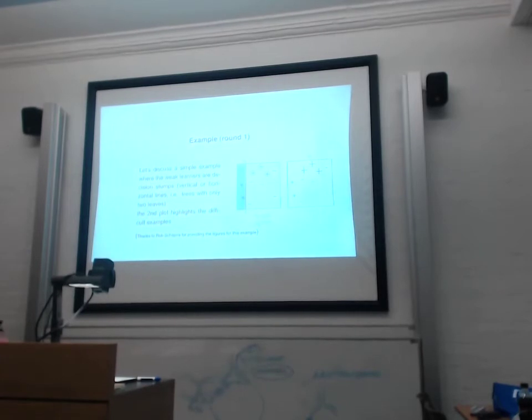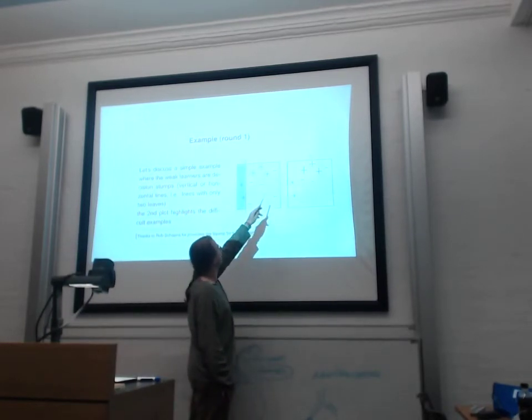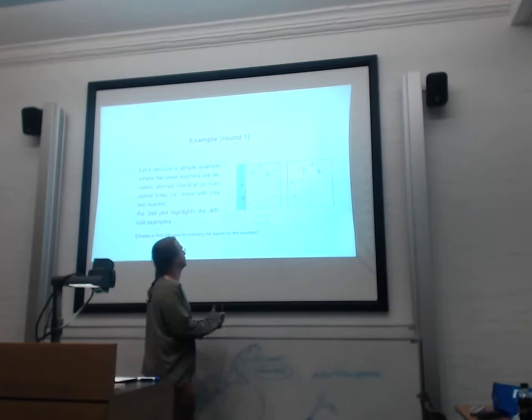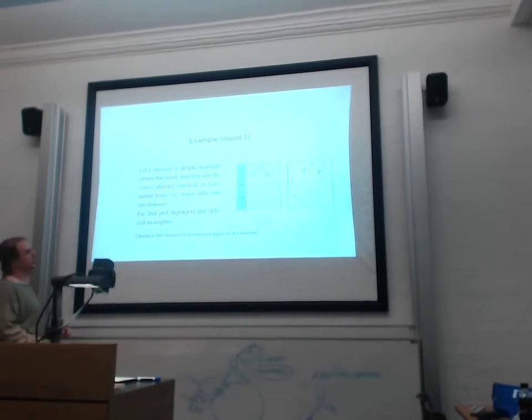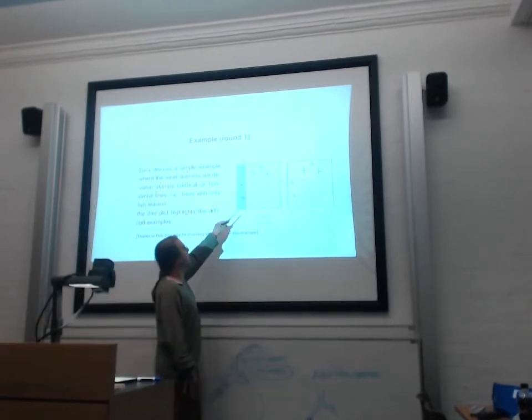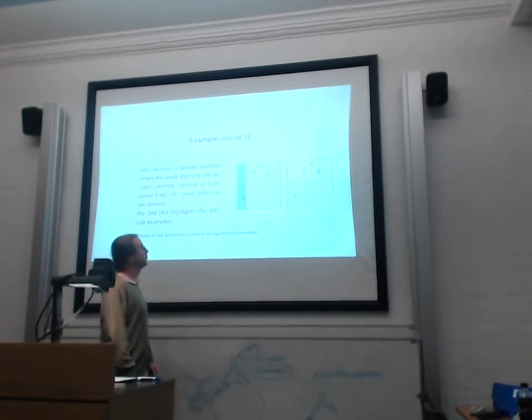Suppose our data set looks like this. We have some plus points and some minus points, and we want to choose a weak learner which minimizes the classification error. On the first trial all the weights are uniform, so we just want to choose a stump which makes the fewest possible mistakes.